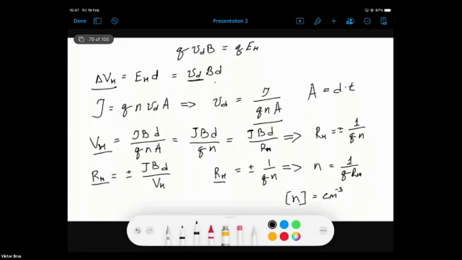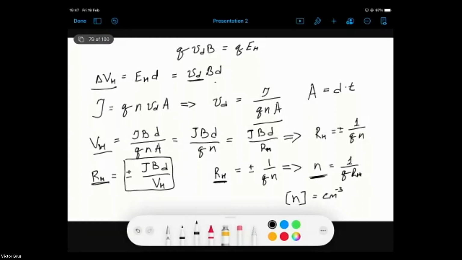So by measuring experimentally all parameters here, we calculate the Hall coefficient. And by using the Hall coefficient, we can calculate the unknown concentration of charge carriers.